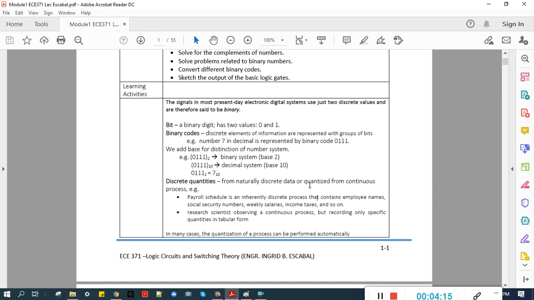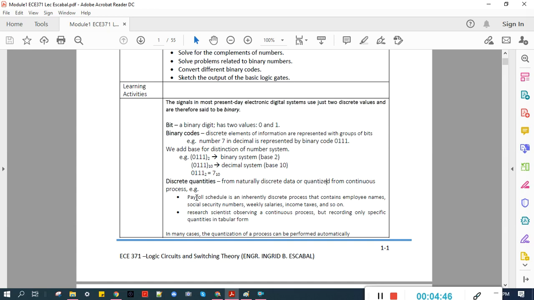In digital electronics, quantizing means we take samples of the analog data, of the continuous data. We take samples, and so the result is we get discrete samples or number of data.